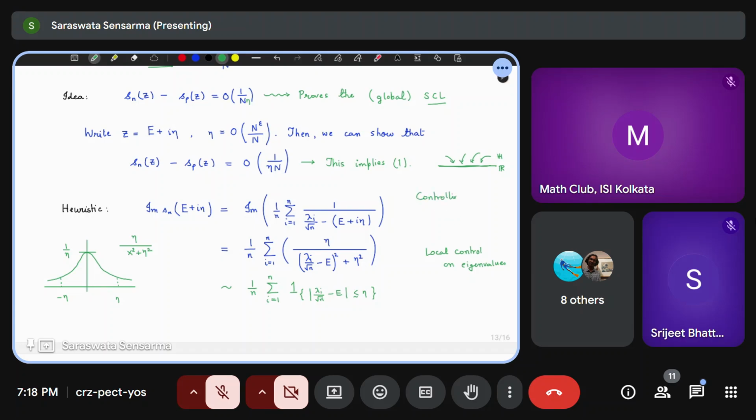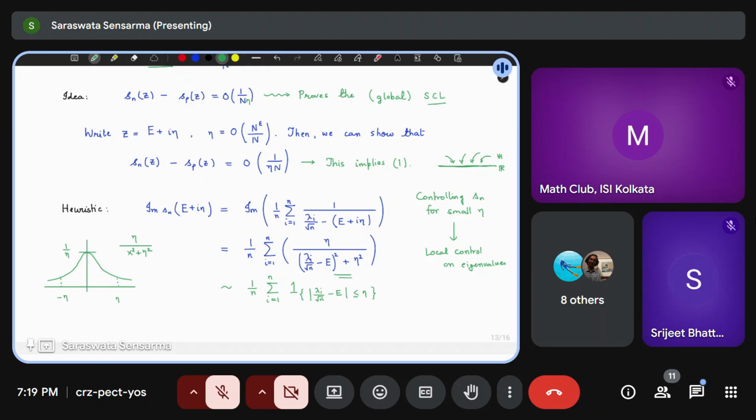Controlling the Stieltjes transform for small eta, where eta is the imaginary part, corresponds to local control on eigenvalues. And the reason is that if you look at the imaginary part of this s_n, if you look at the expansion, you get a quantity like this.